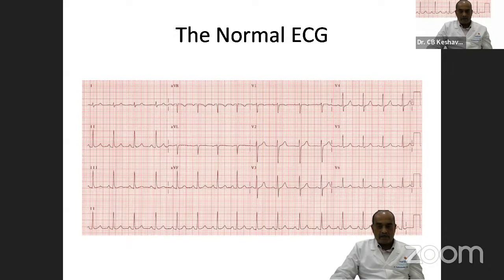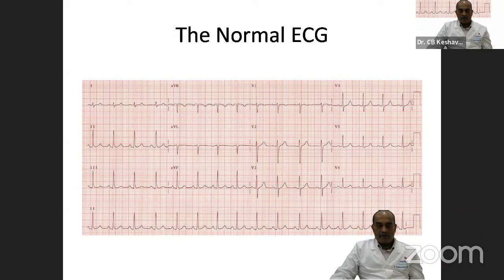As I said, the T wave is upright in almost all the leads except in aVR where you see an inverted T wave, and in V1 where you also see an inverted T wave. Sometimes in aVL in a vertical heart you can have that kind of a complex, but otherwise the ECG looks very symmetrical and normal. If you see in the rhythm strip, the complexes are all coming very regularly.